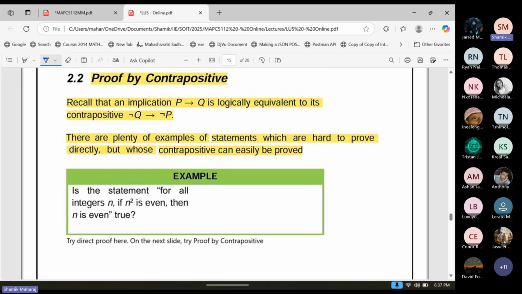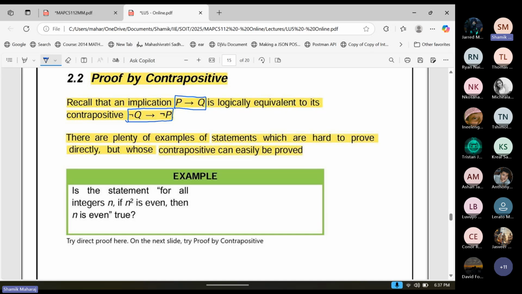Okay, proof by contrapositive. So sometimes in trying to prove an implication of the form if P then Q, it becomes difficult. But we've learned before that a contrapositive, which has the form at the bottom here, is logically equivalent to the original implication.